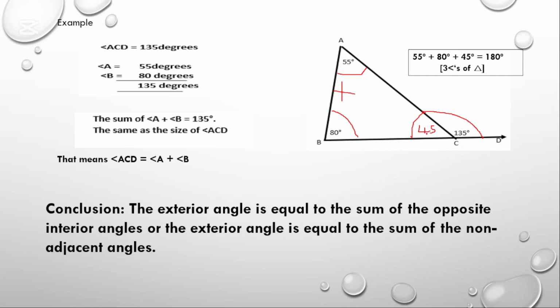This is the adjacent angles, that is the non-adjacent angles. Exterior angle is also equal to the sum of the non-adjacent angles.